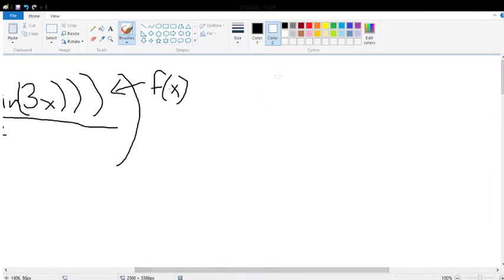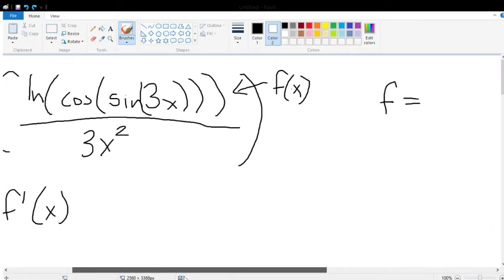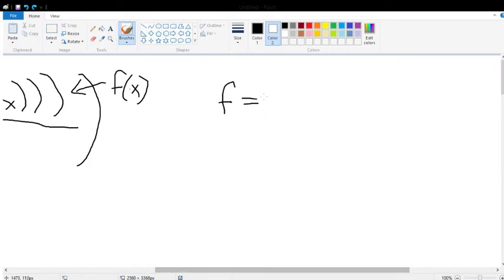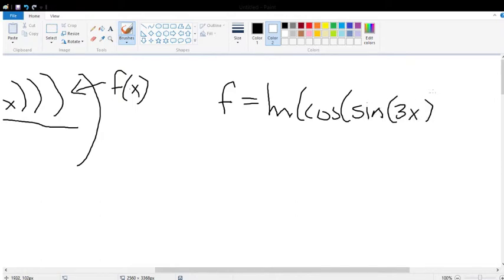This is not finding the derivative of this entire thing, just the derivative of the top portion. Let me write f of x again. f is equal to natural log of cosine of sine of 3x.